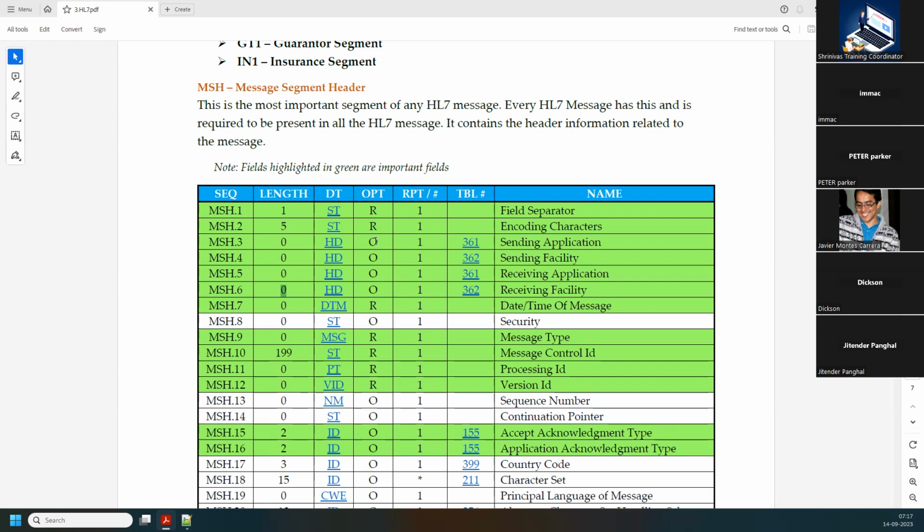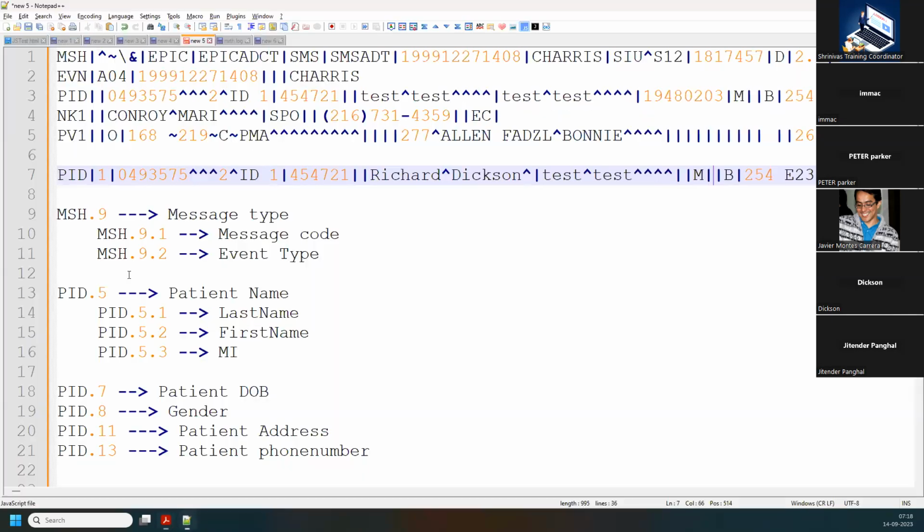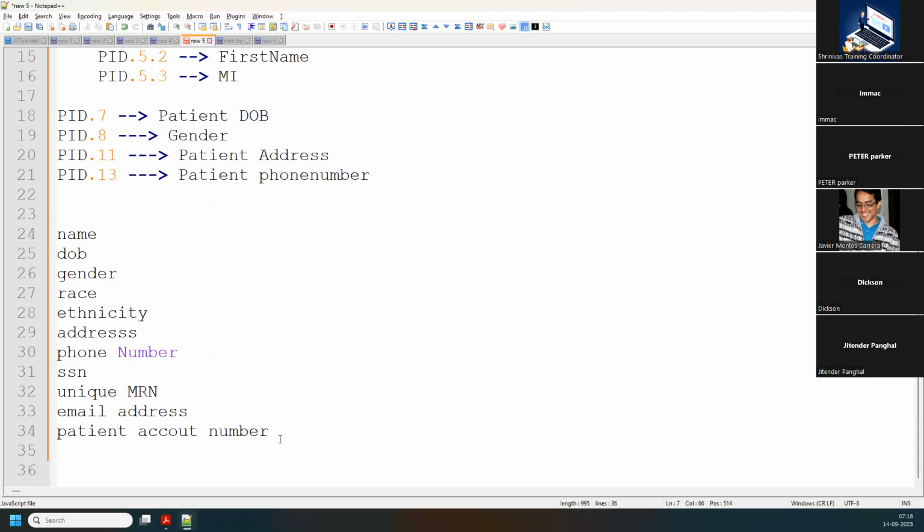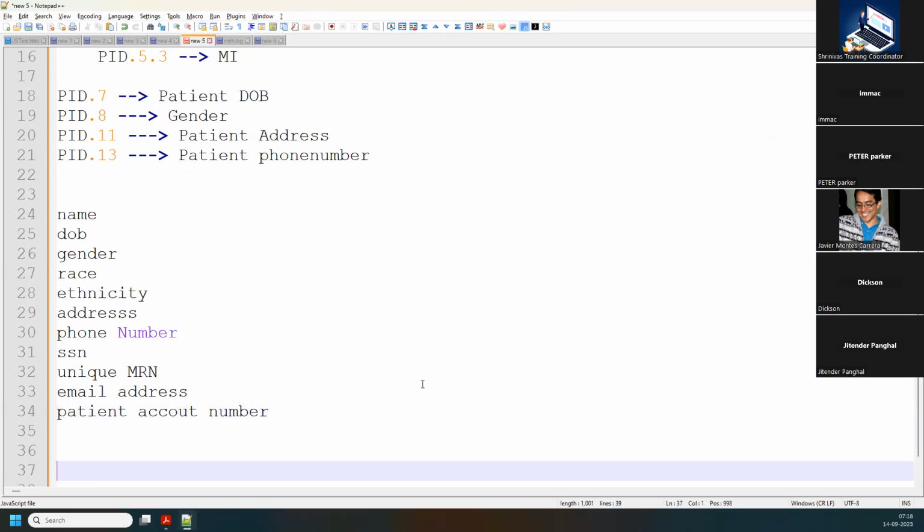Such fields are represented here with a designation called R. This designation will help us understand whether a field is required or optional. Alongside required and optional, there are other designations as well. So let us take a look at that.